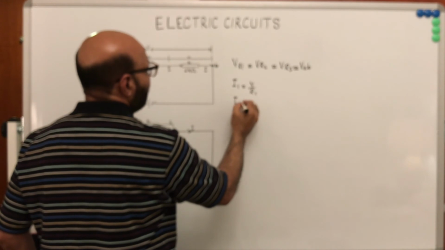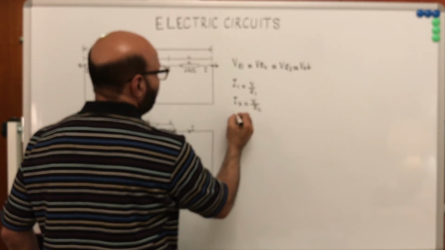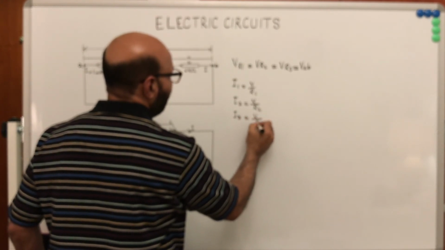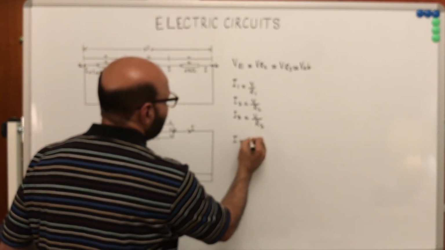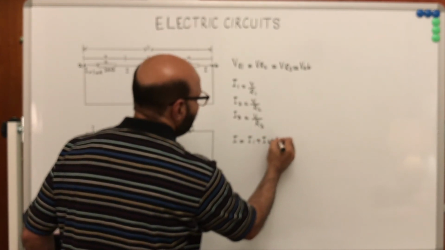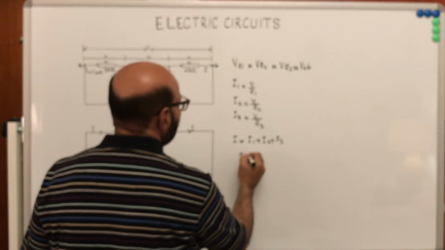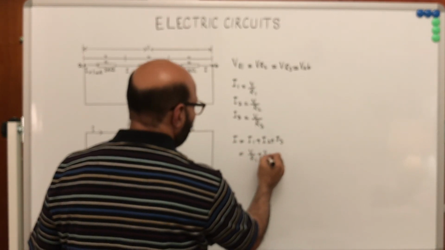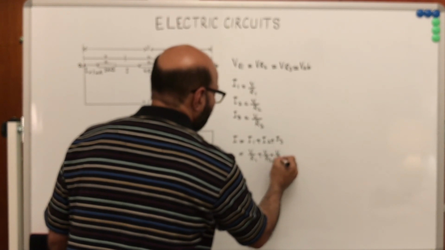The current for resistor R2 is V upon R2, and the current for resistor R3 is V upon R3. The total current, we know, I is equal to I1, I2 plus I3. It means V upon R1, V upon R2 plus V upon R3.